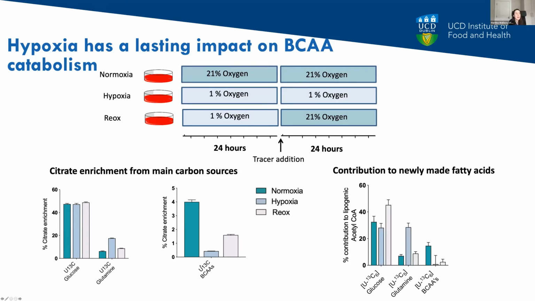And in addition to that, when we looked at how these different carbon sources contributed to new fatty acid synthesis, you could see that after hypoxia, when they're put back in normal oxygen, the contribution of glucose actually increases. The glutamine recovers and goes back down to lower levels very quickly, but again, the branched-chain amino acid contribution to fatty acids does not recover.